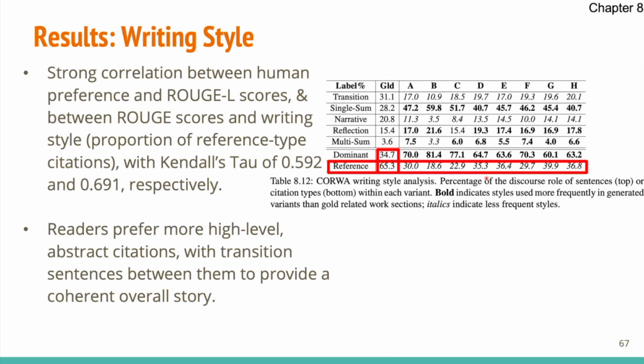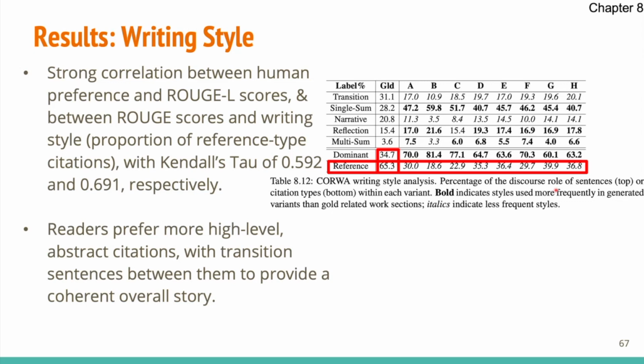More interestingly, we found that there's a strong correlation between the human preference and the Rouge L scores, and also between the Rouge scores and the proportion of the reference type citations shown here.